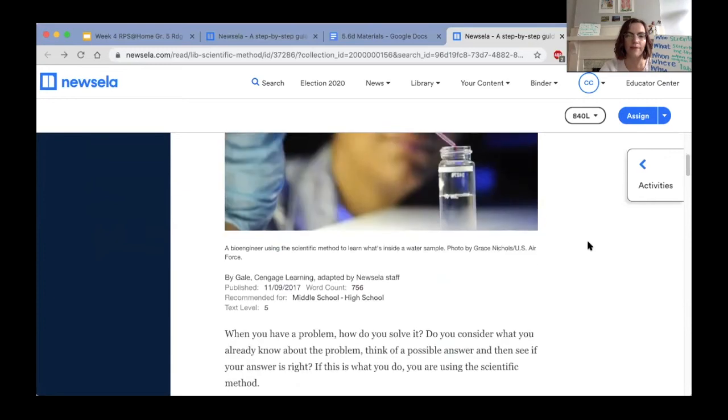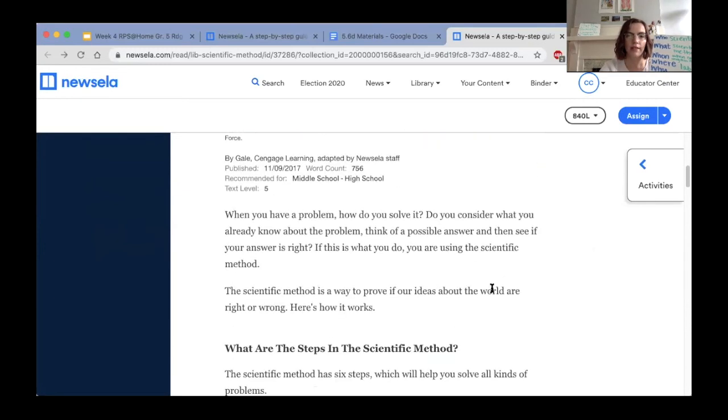Okay, find it right here. A way to prove if our ideas about the world are right or wrong. So why helps us prove our idea.